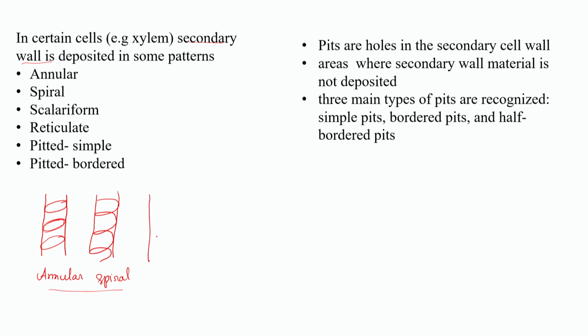Then we have scalariform, which is ladder-like deposition. It is slightly more complex, and more cell wall deposition is seen in this type of configuration. Then we have reticulate, which is basically net-like deposition.